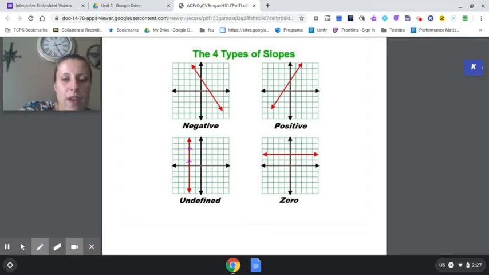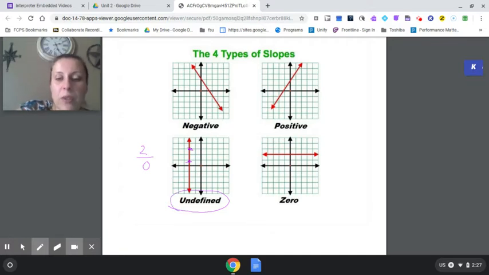If I were to find the slope of these 2 points, I see that the rise is 2, but the run is 0. 2 divided by 0 is undefined. We cannot divide by 0, so that's why we get an undefined slope there.